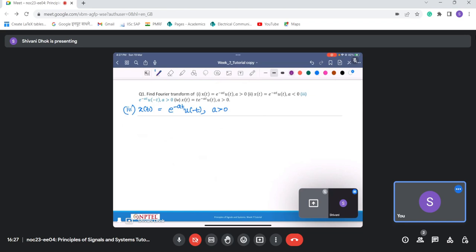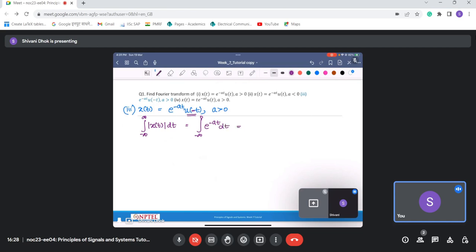So what we will do is we'll consider integral from minus infinity to infinity of mod x(t) dt, which is equal to integral from minus infinity to 0. Since we are having this u of minus t, it will be from minus infinity to 0 non-zero, else it will be 0, e power minus at dt.